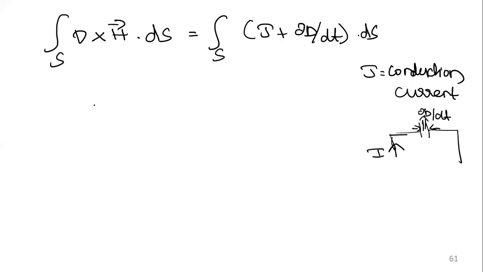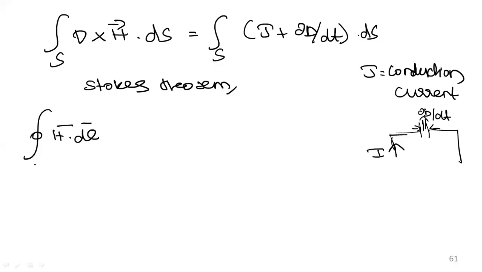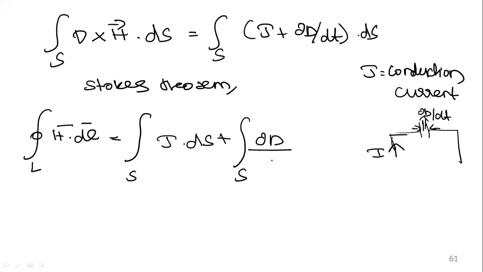So by applying Stokes theorem, once we reach here, we have the liberty to apply Stokes theorem. So the integral of H dot dl is equal to integral over S of J dot ds plus integral over S of dou D by dou t dot ds, which in turn makes it the closed line integral of H dot dl.